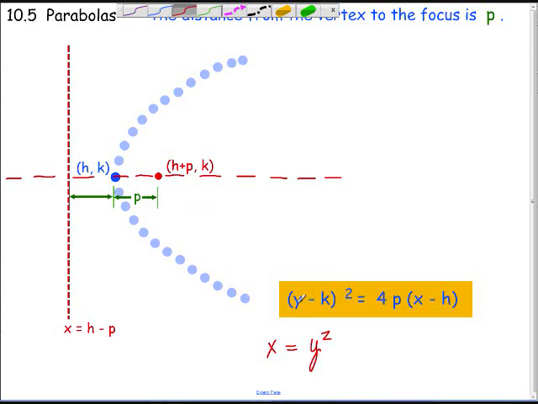It's still the squared term equals the linear term times 4 times p, and p is this distance, the vertex to the focal point. And notice, because of how it's defined, this distance is always exactly the same as this distance. P also is the distance to the directrix.